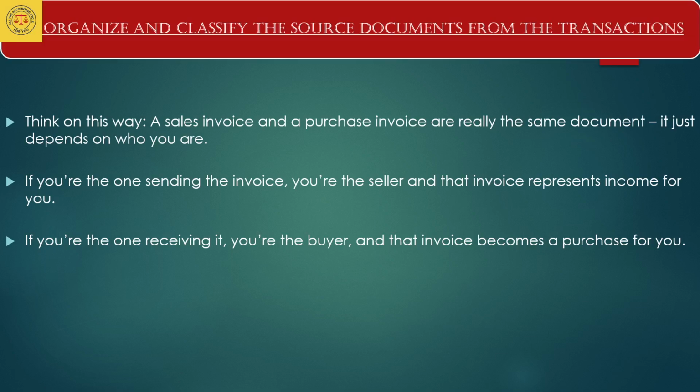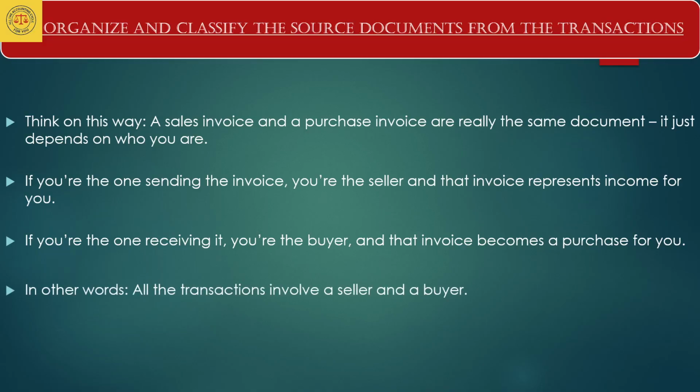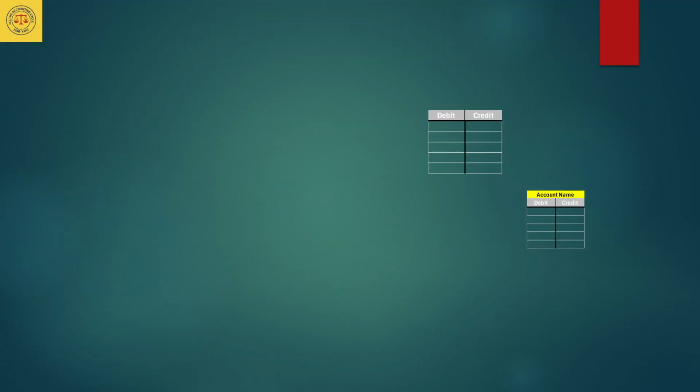If you are the one receiving it, you are the buyer and that invoice becomes a purchase for you. In other words, all transactions involve two sides, a seller and a buyer. One seller, one buyer, at least.